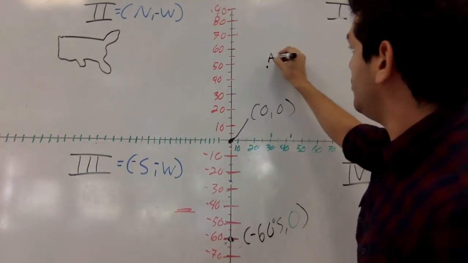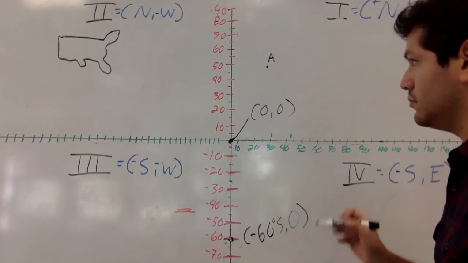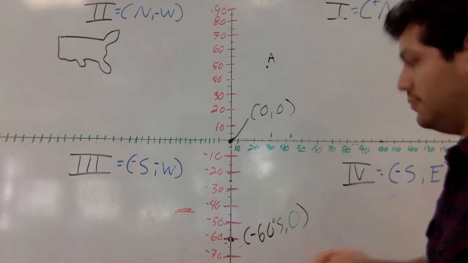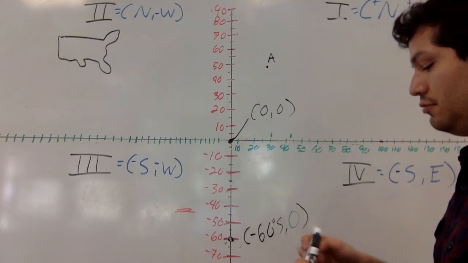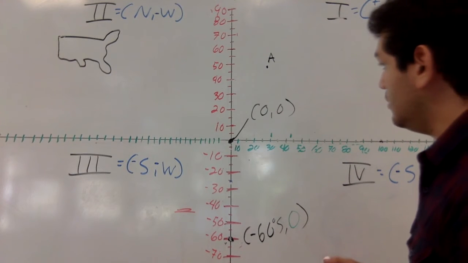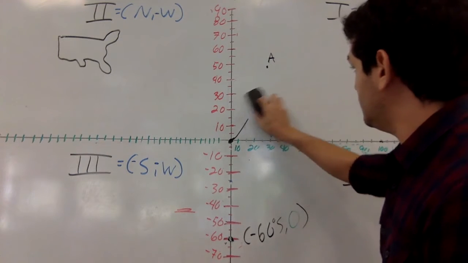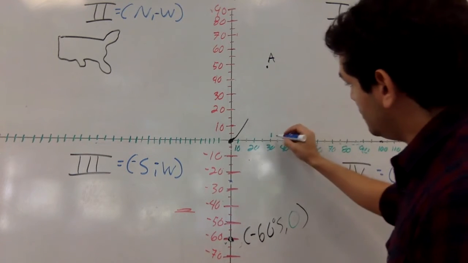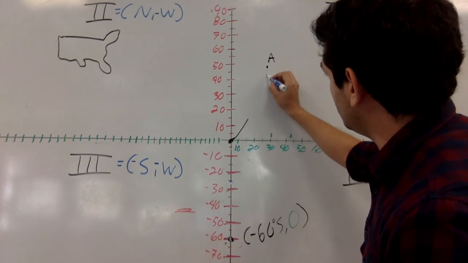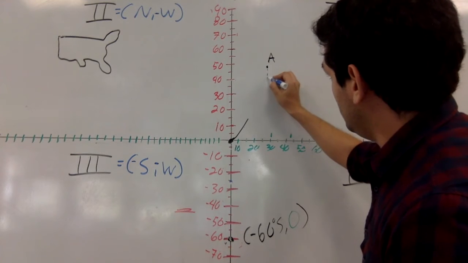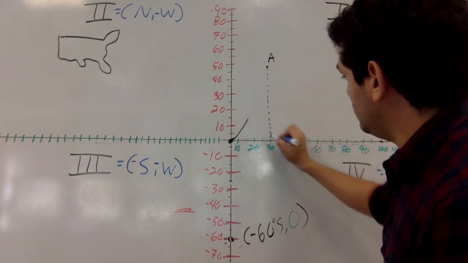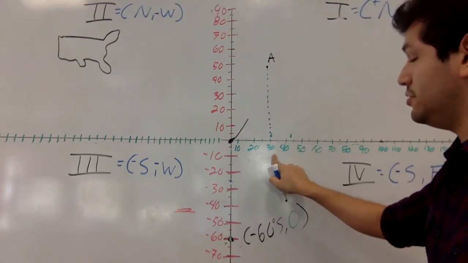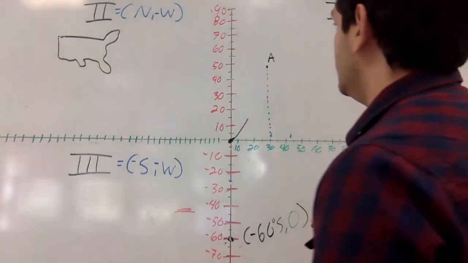Okay, this is my new point A. As we should already know, all we have to do is follow the line. Let me get rid of this. If I just go down, okay, I know my longitude is 30.